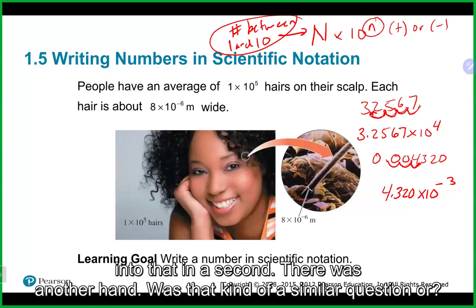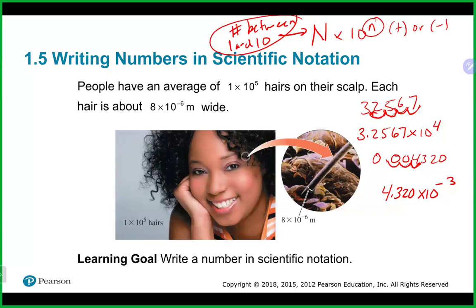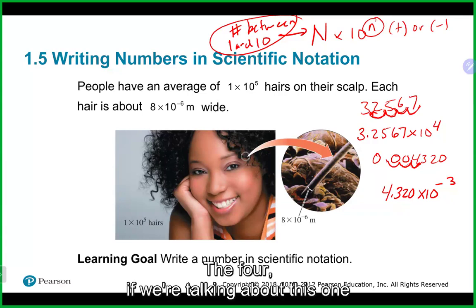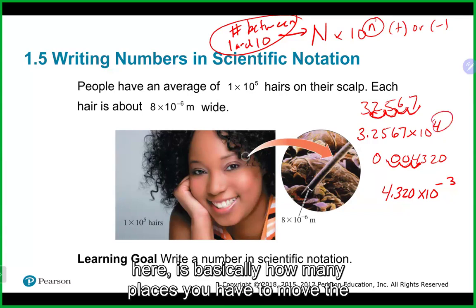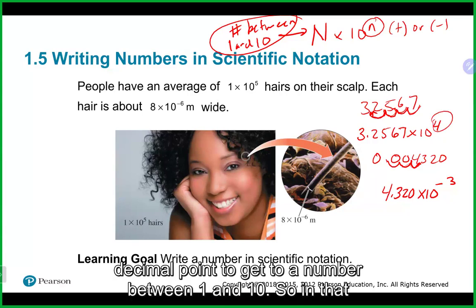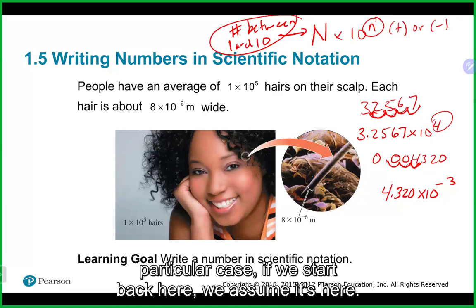There was another hand. Was that a similar question? The four, if we're talking about this one here, is basically how many places you have to move the decimal point to get to a number between 1 and 10. So in that particular case, we assume it's here.